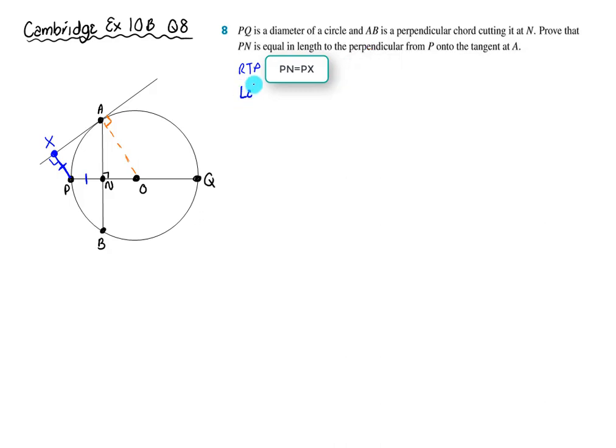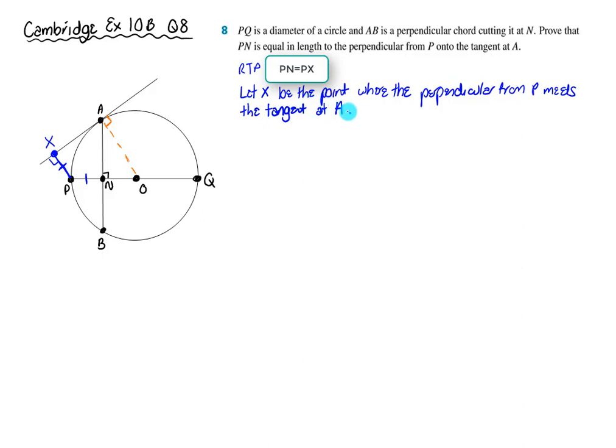We let X be the point where the perpendicular from P meets the tangent at A. We also let O be the center of the circle.